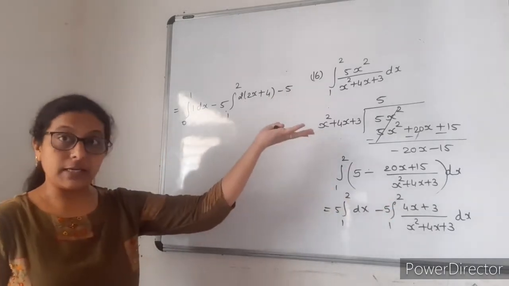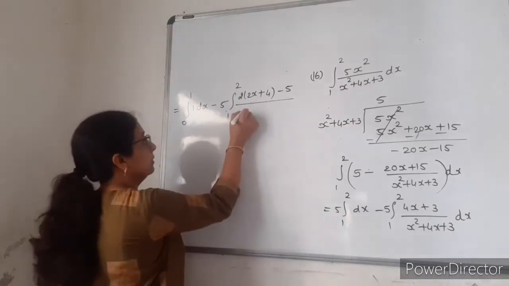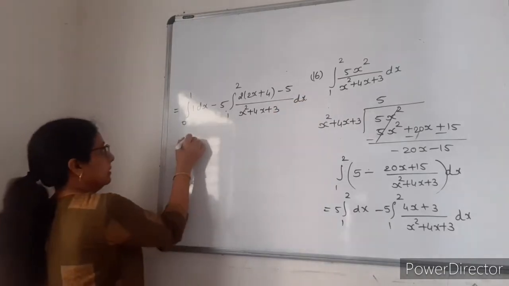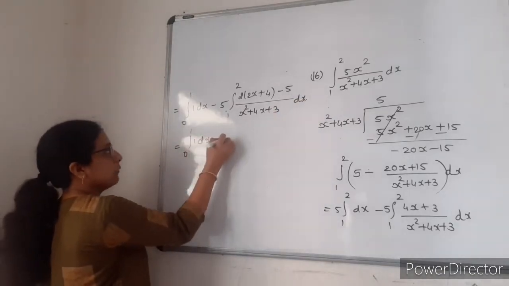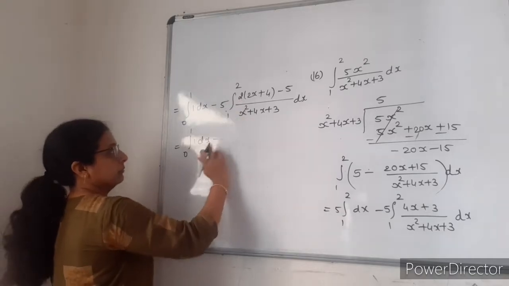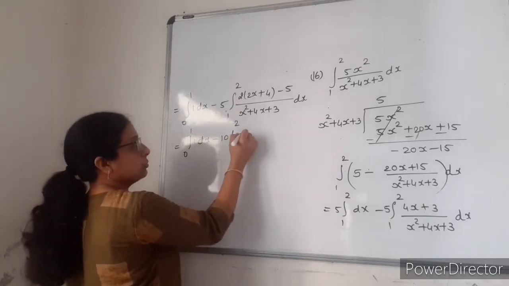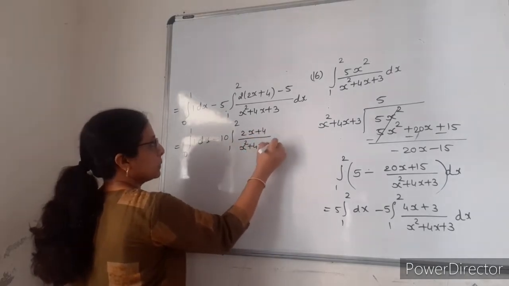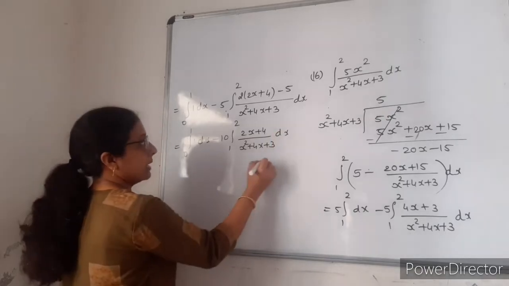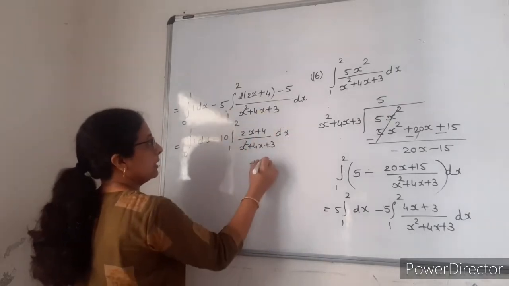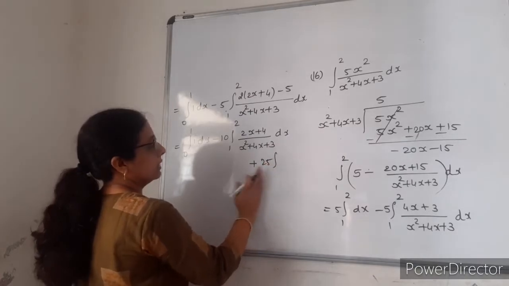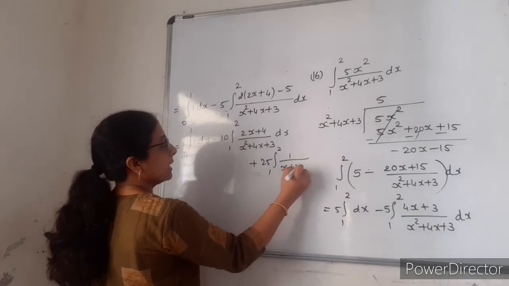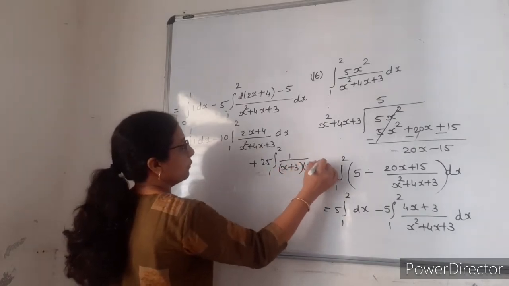So 4x plus 3 upon x square plus 4x plus 3 dx, 0 to 1 dx, 5 2s are 10, 1 to 2, 2x plus 4 upon x square plus 4x plus 3 dx, plus 25, 1 to 2, 1 upon x plus 3, x plus 1 dx.